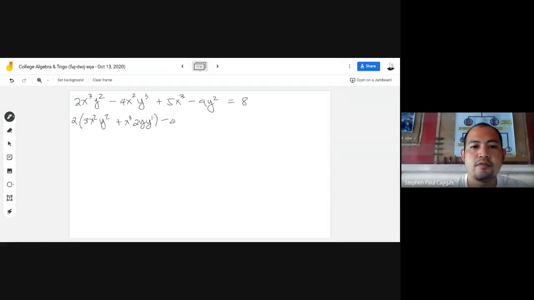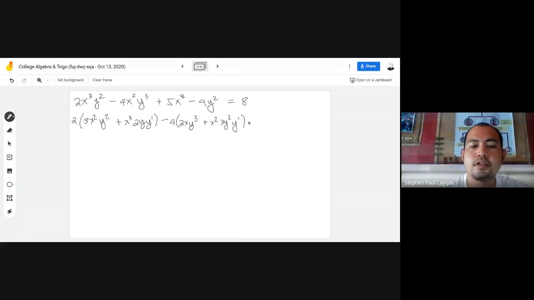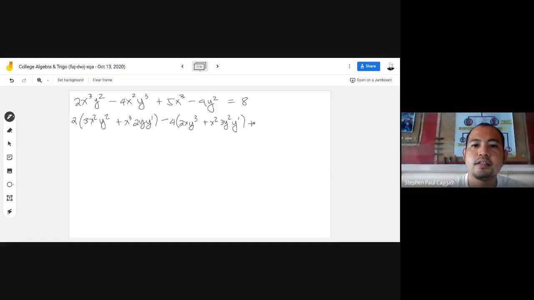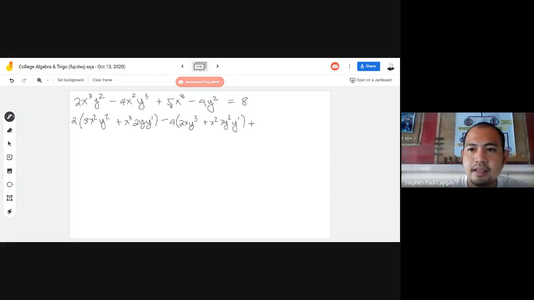It's minus 4, parenthesis, 2x y cube, plus x squared 3y squared y prime, close, plus 5, 3x squared.